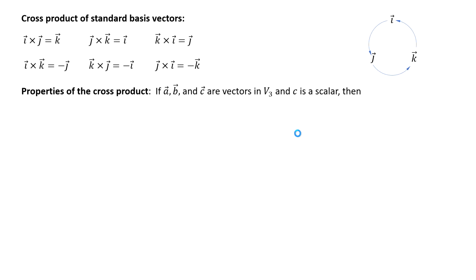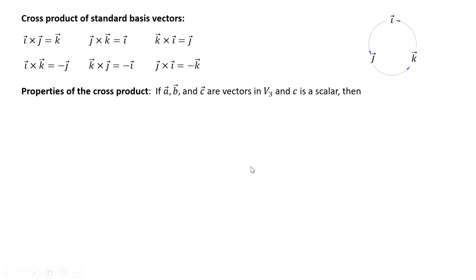And then, properties of cross products. Anytime people talk about properties, you got to pay attention. Some of them are going to be fairly obvious. Oh, come on, man. Duh. But some not necessarily so obvious.